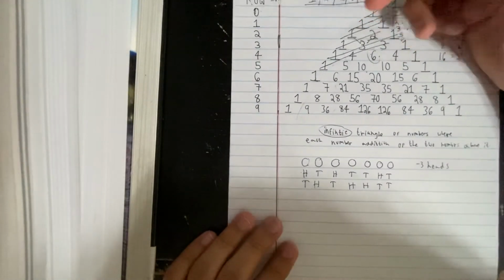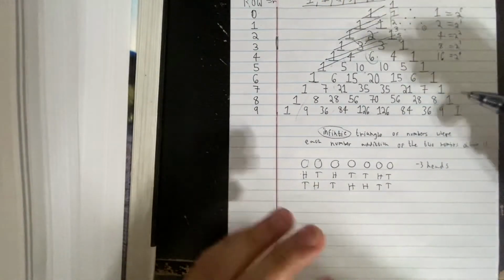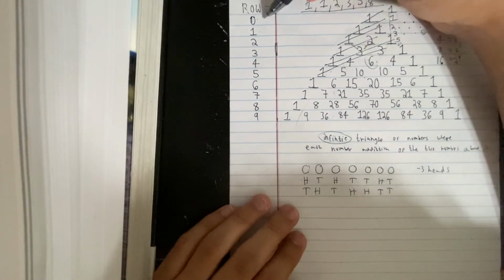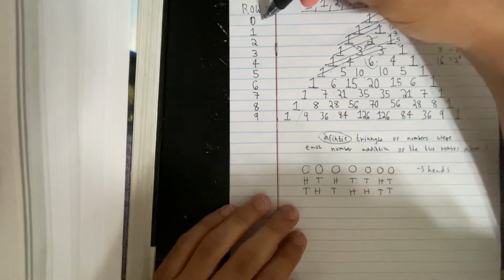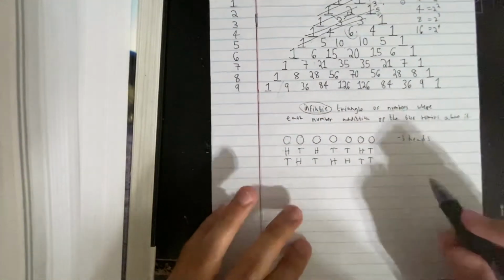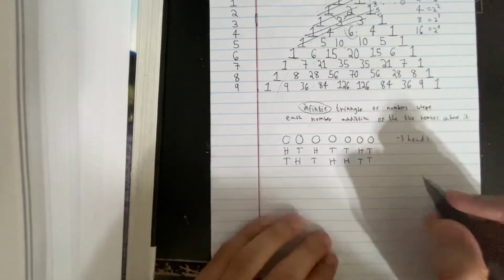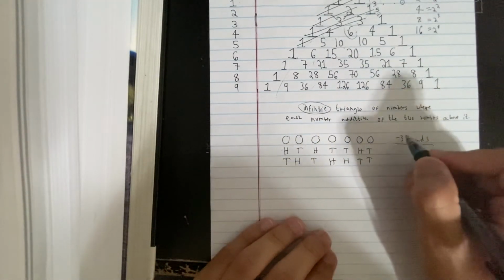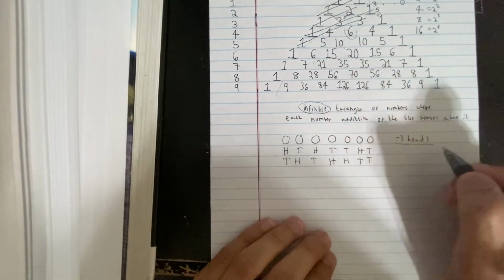The way this is done has to do again with the rows. An important thing about Pascal's triangle is that the first row is always the 0th row. To figure out how many combinations there are, just to clarify, what we are looking for is how many combinations of 3 heads there are if I flip 7 coins.